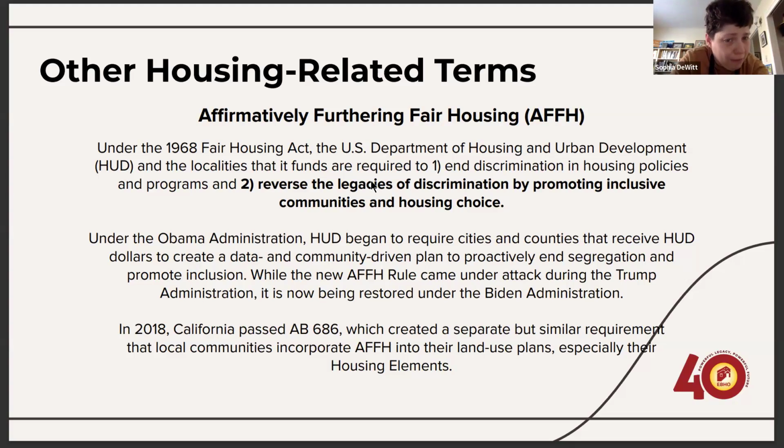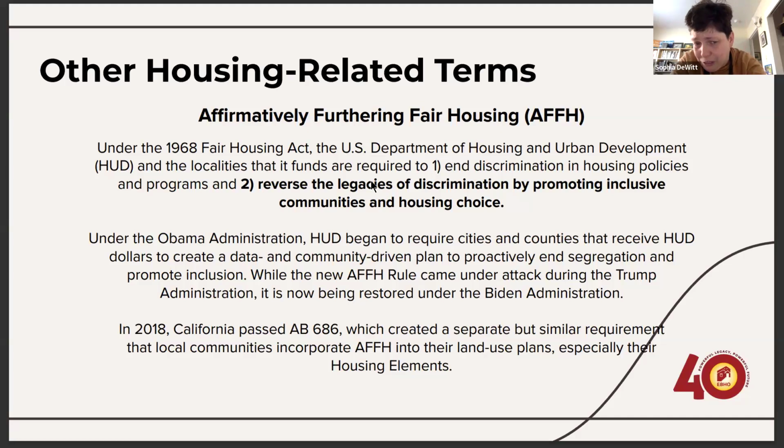But under the Obama administration, these obligations began to be strengthened as HUD began to require cities and counties that received money from the federal Department of Housing and Urban Development to create a data and community-driven plan to proactively end segregation and prioritize and promote inclusion.